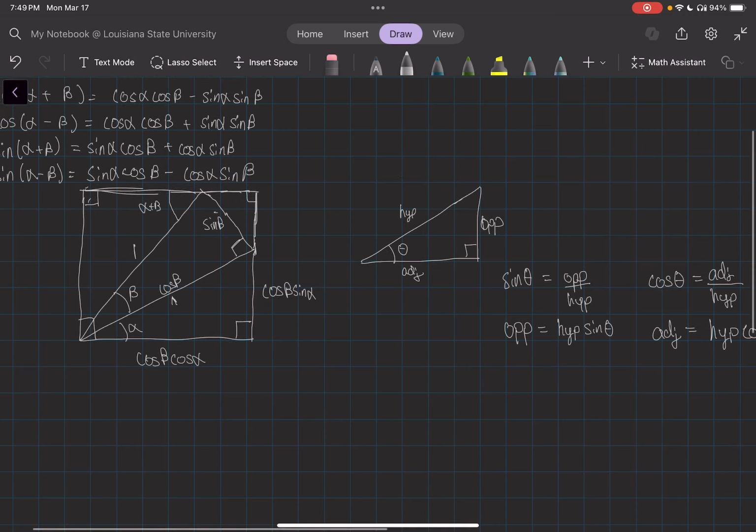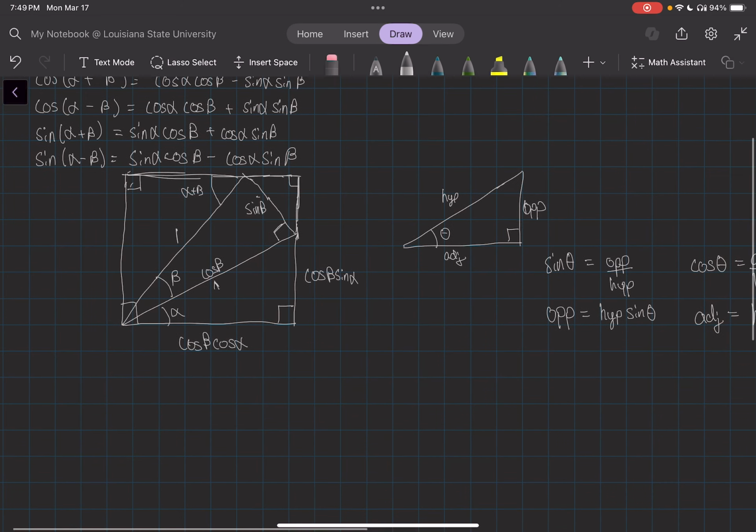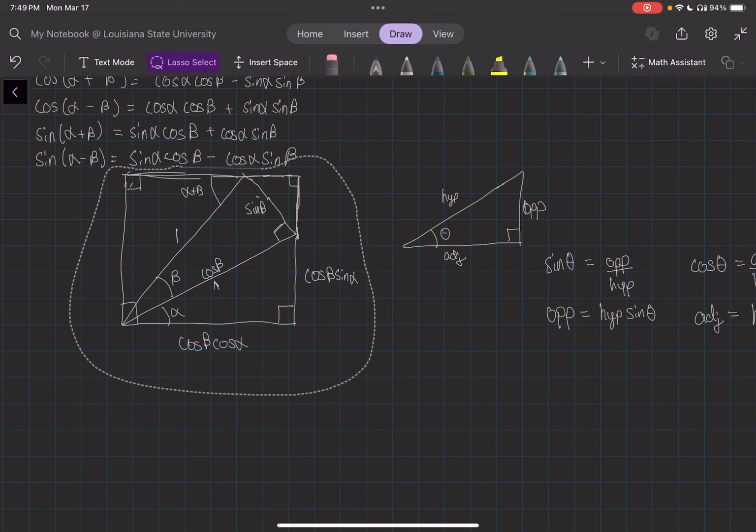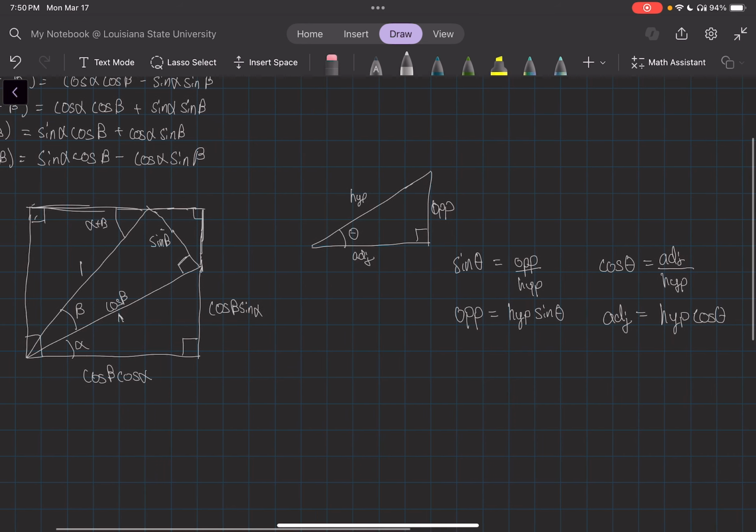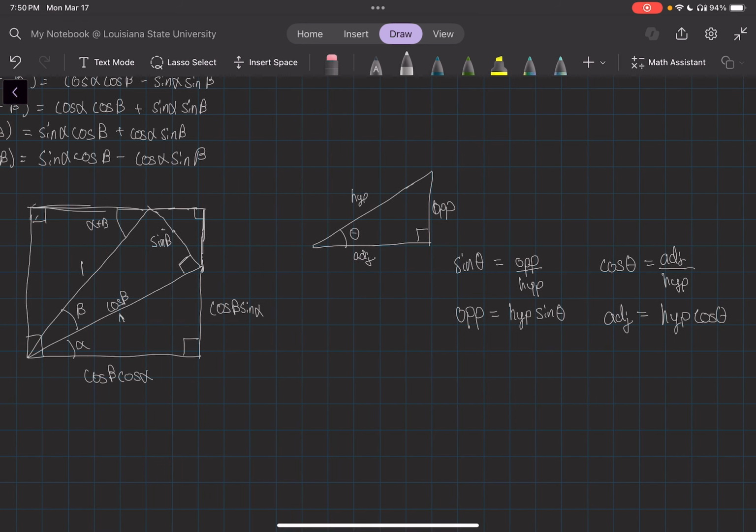I probably should have made more space for it. Let me make more space right now. The adjacent side to the angle alpha plus beta is going to be 1 times the cosine of alpha plus beta, or just cosine of alpha plus beta.